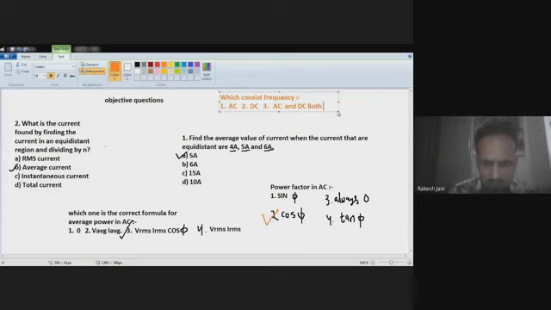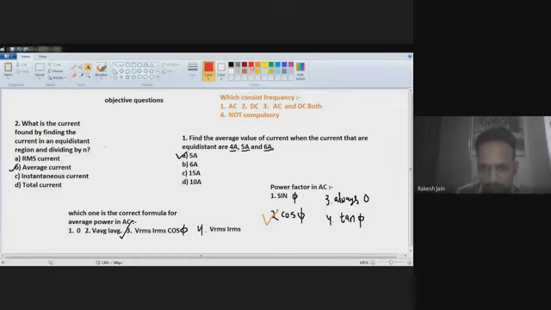The fourth option is not mandatory, meaning it is not compulsory for anyone to have the frequency. Which one is the correct answer? If you have this kind of objective question, then you should choose only AC, because AC is the only one which consists of the frequency.